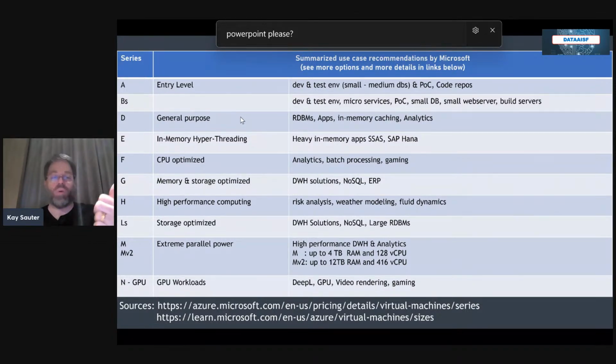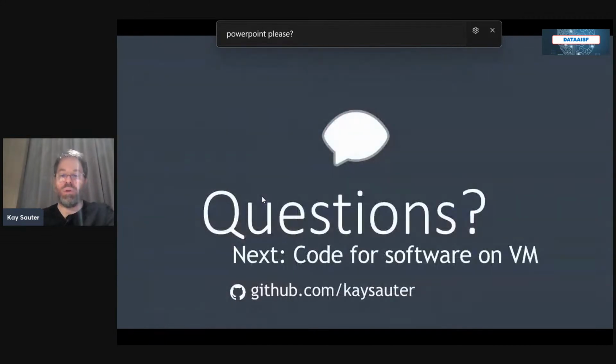But just to give you a rough idea of the cost you may face: the more power you want, the more cores, more RAM, and more disk space, the more expensive it gets. You pay for the CPU, you pay for RAM, you pay for the disk space. You could imagine it's like hosting. We come back to this a bit later.